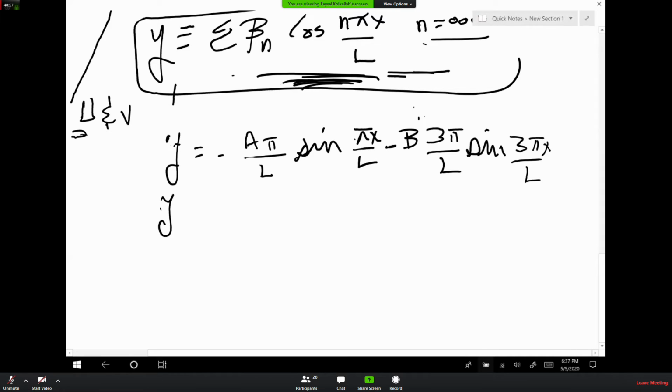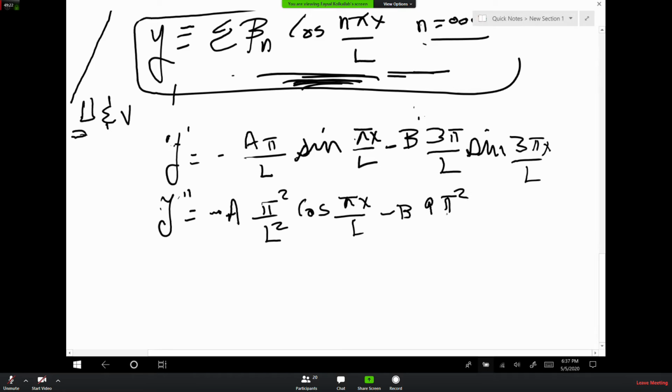And y double prime will be minus a pi square over L square cosine pi x over L minus b 9 pi square over L square cosine 3 pi x over L. Right? So I got the y, I got the y prime, I got the y double prime.